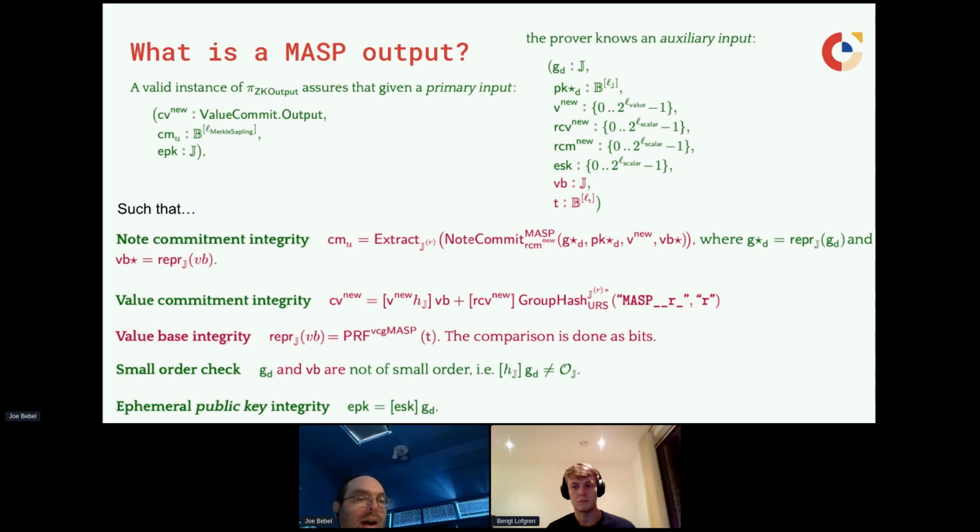And this is why the prover has to witness this 32-byte asset identifier and compute in the circuit this Blake2s hash, one block of the Blake2s hash, to derive this value base, this asset generator, and verify that in fact you did not just make up some asset generator, you did not just negate some asset generator that already exists.